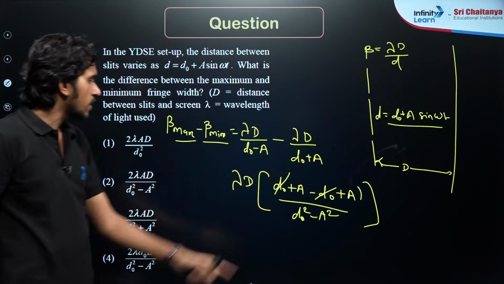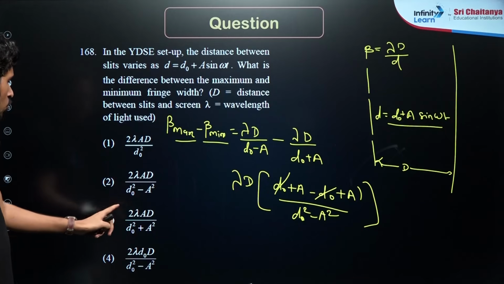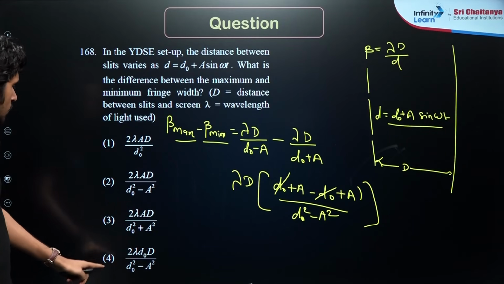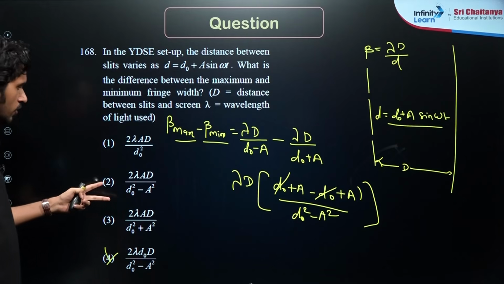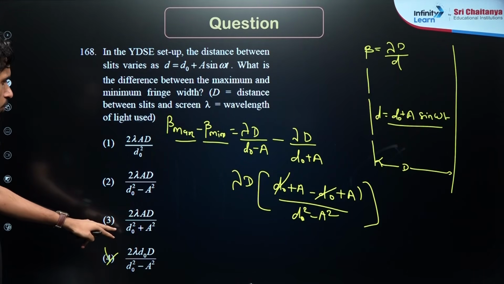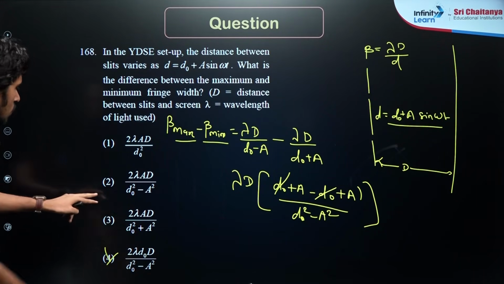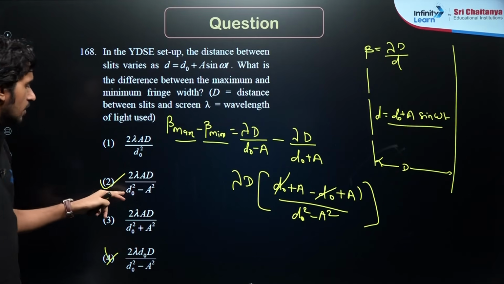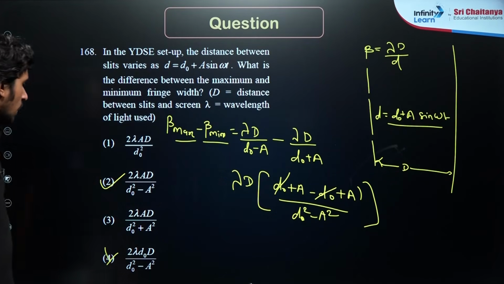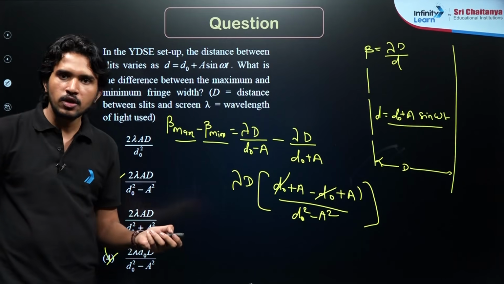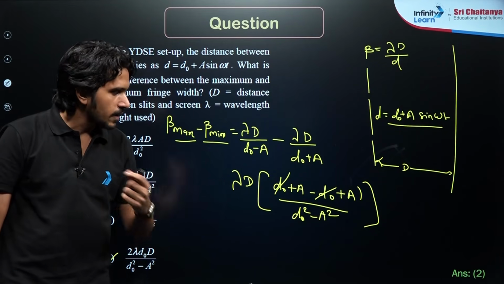A plus a is 2a, so 2 lambda a D upon d naught square minus a square. Okay, option number 2. Did you understand?